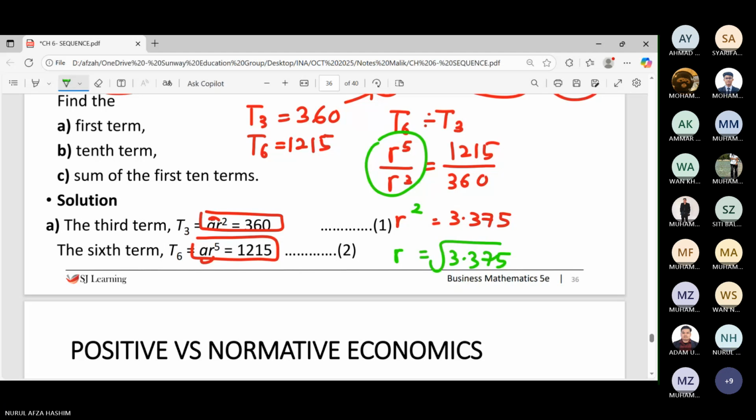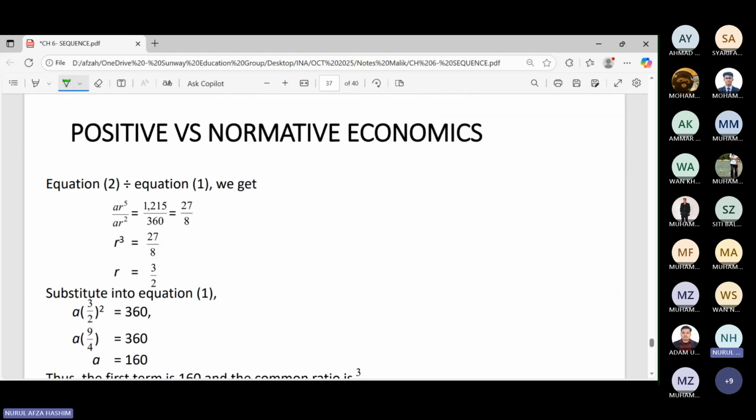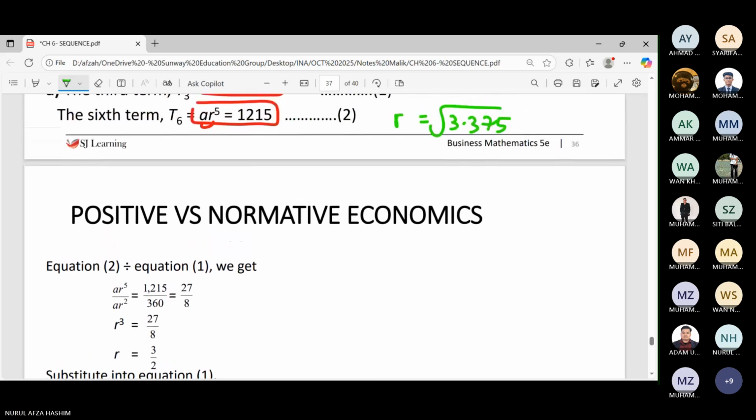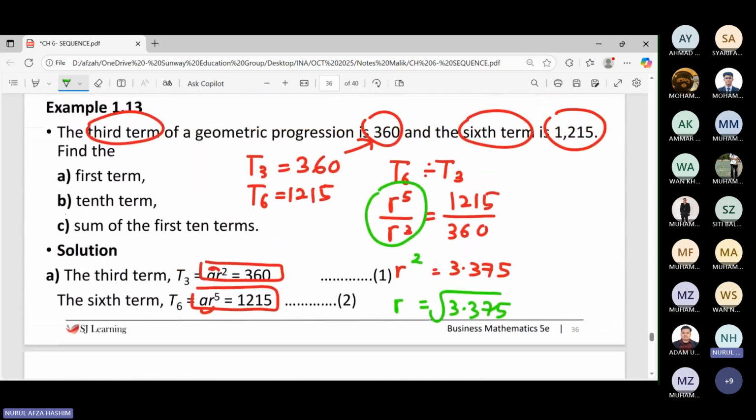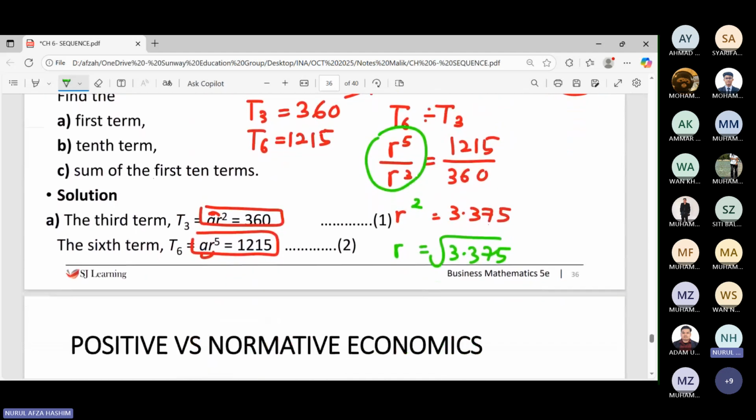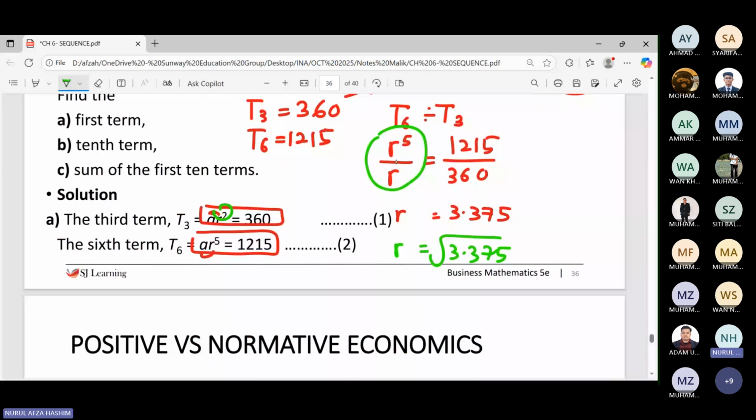Why did you get a different answer? R power of 2 or R power of 3? This is R power of 2. Sorry, my bad, this is R power of 3, so this is the cube root. The cube root of 3.375 is how you get 1.5.